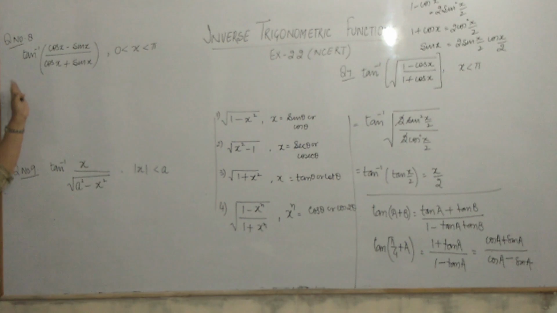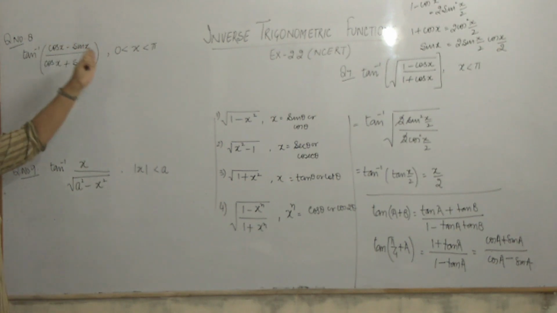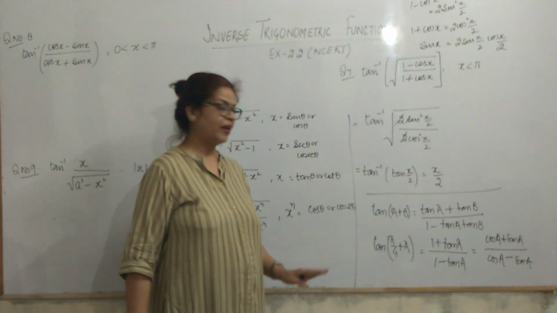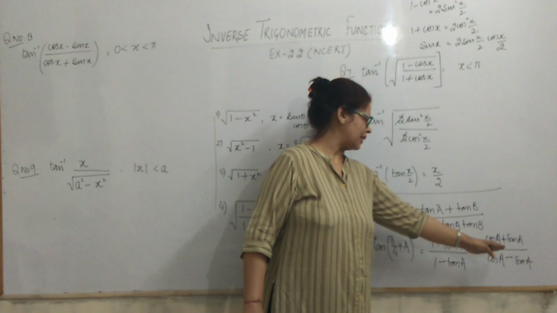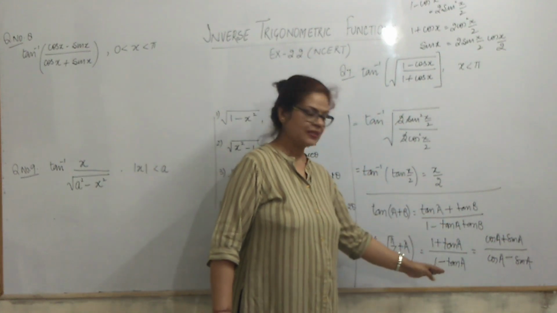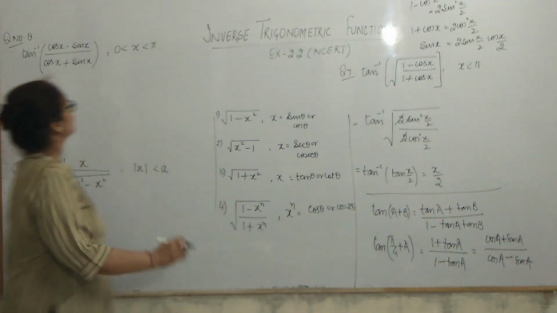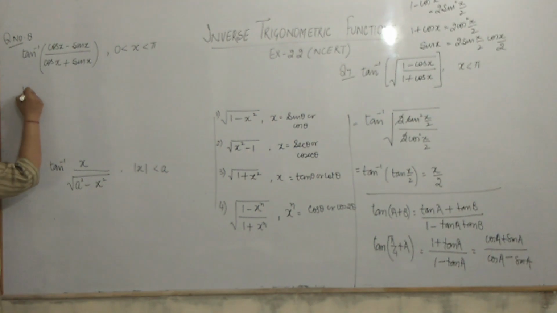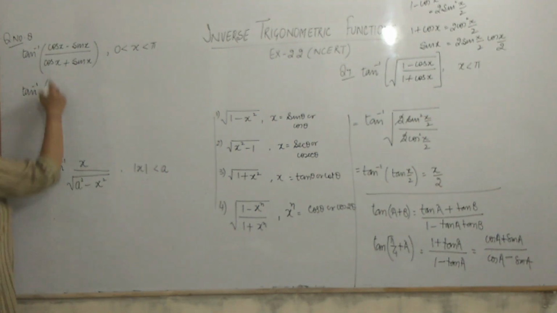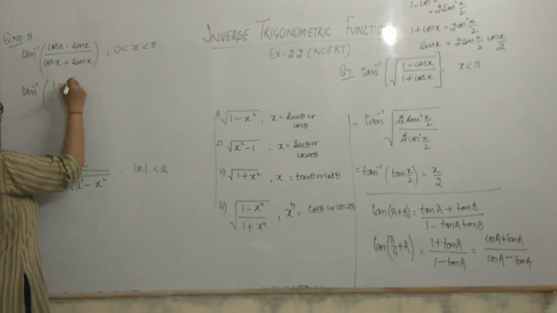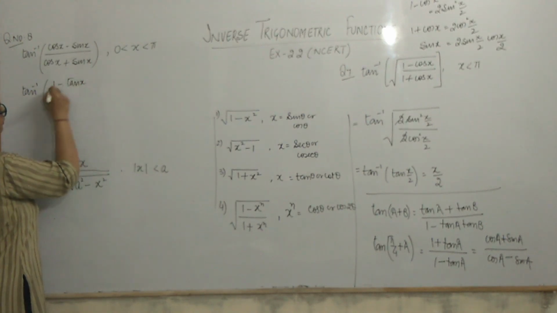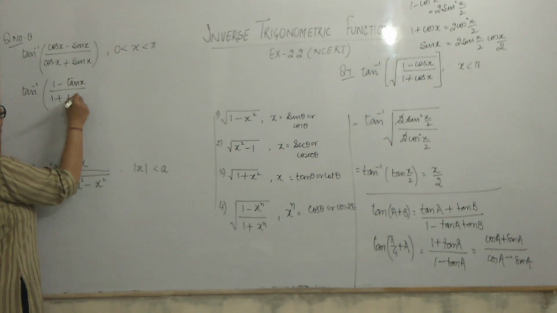Question number 8. Tan inverse of (cos x minus sin x) upon (cos x plus sin x). We have already made our base. This is cos A plus sin A upon cos A minus sin A, that is 1 plus tan A upon 1 minus tan A. So take cos x common from numerator and denominator: 1 minus tan x upon 1 plus tan x.